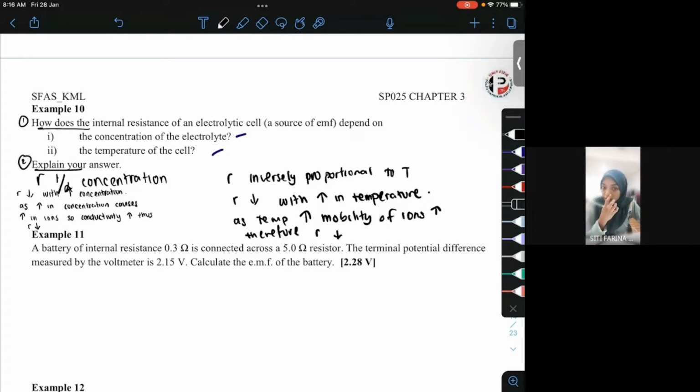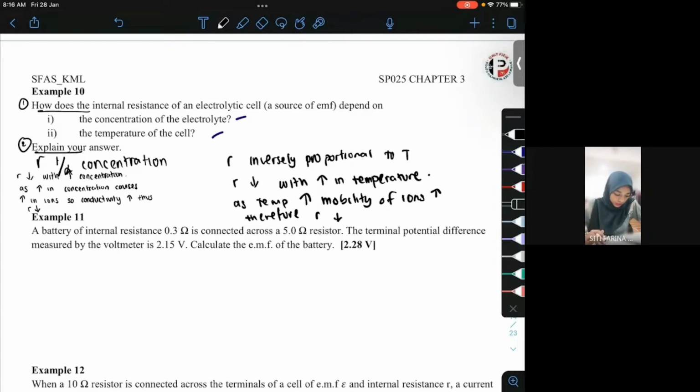Sebab bila lebih banyak pergerakan di dalam kamu punya electrolytes itu, when you have more movement, it's going to cause difficulties for the resistance to oppose lah kan. Okay. Ini adalah explanation so that you can get full marks dekat sini.